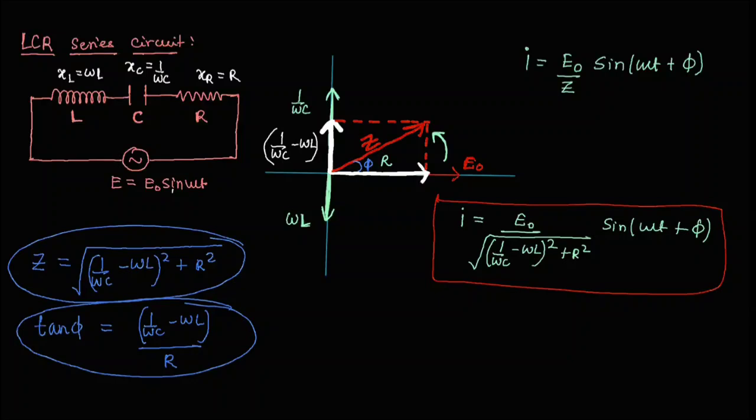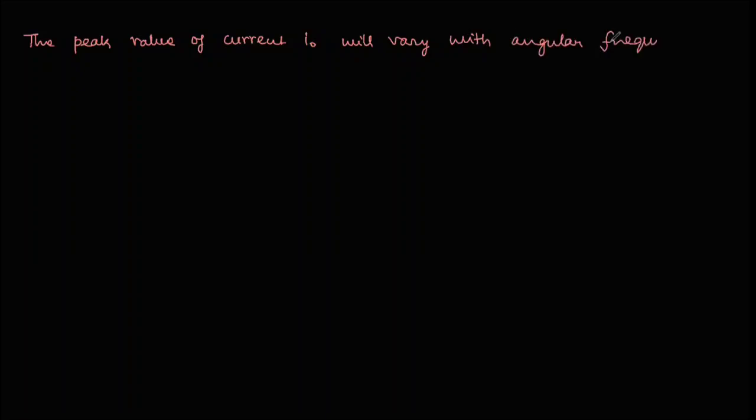That is, if we vary the angular frequency omega of the AC source, the peak current also changes. So the peak value of current I naught will vary with angular frequency omega, because I naught is equal to E naught upon the square root of (1 by omega C minus omega L) square plus R square.